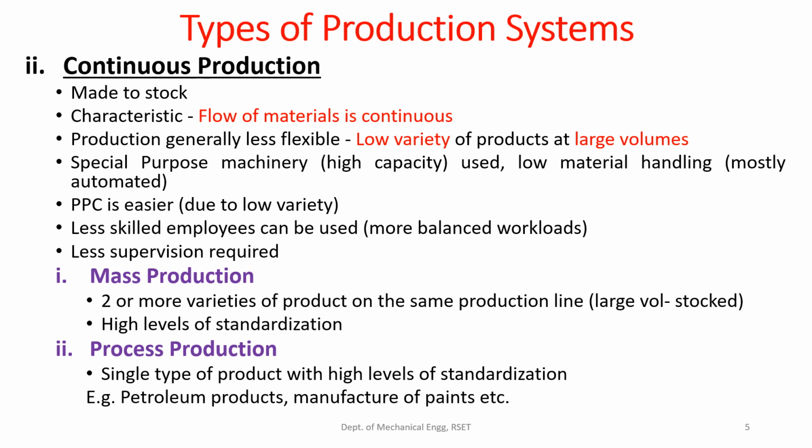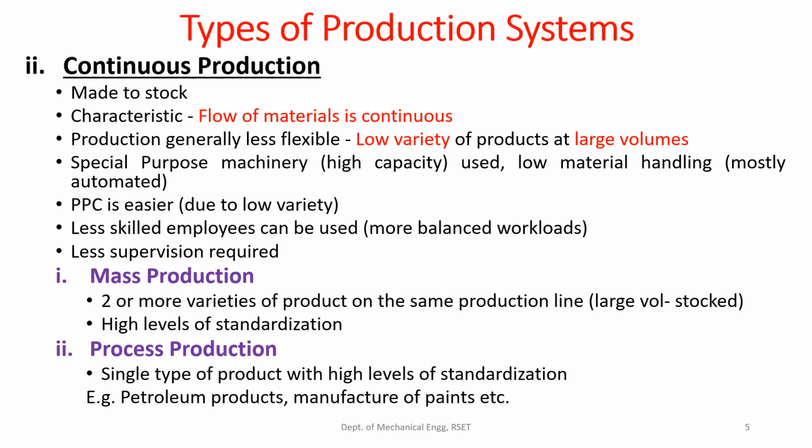Some of the major characteristics of the continuous production system include the fact that the flow of materials is generally continuous in nature. There are no interruptions in the flow of materials in a continuous production system. Production at the same time is less flexible when compared to intermittent production systems, and hence the variety of products produced is less.